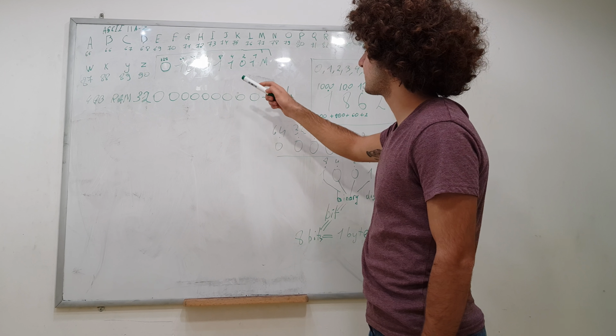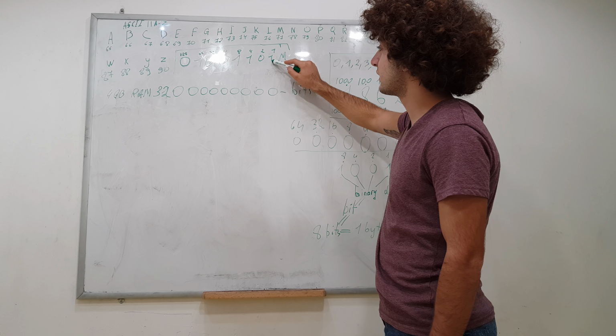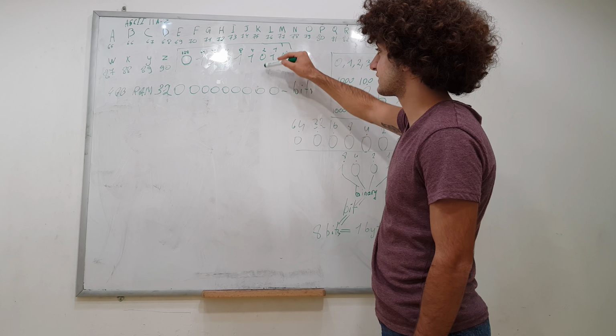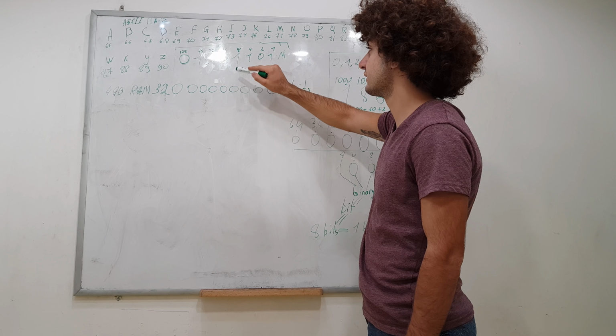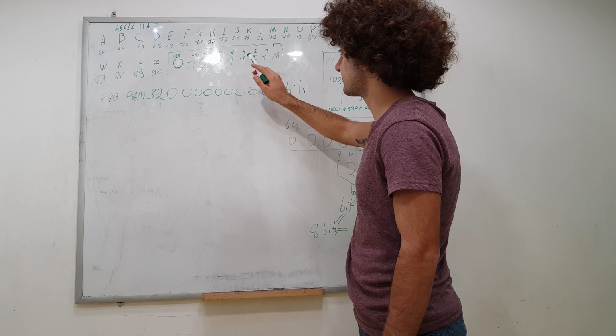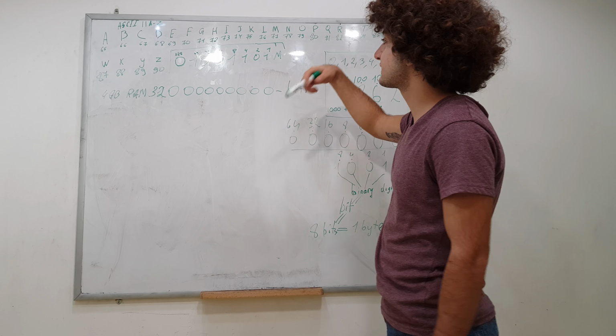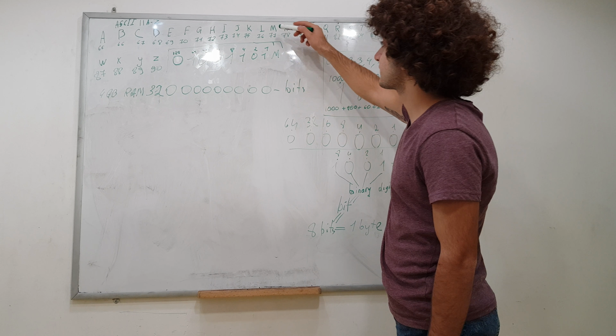In this case, we're finding the letter N. We have here 1 times 1, which is 1, 2 times 0 is 0, 4 times 1 is 4, 8 times 1 is 8, 16 times 0 is 0, 32 times 0 is 0, 64 times 1 is 64, and 128 times 0 is 0. So we're adding up 64 plus 8 plus 4 plus 1, which is 77. So we're getting the letter N.